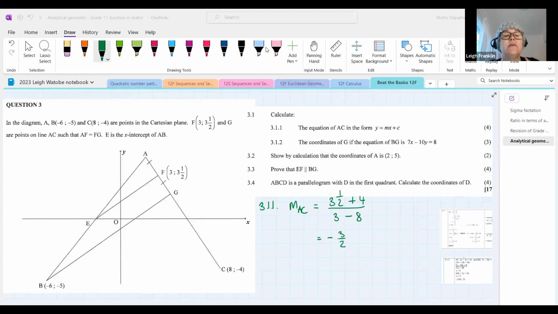Yes, that's it. Okay, so I don't know what happened. Tamia, Mamelo, Gugu, you should have been getting -3/2. And then, yes, Gugu, go for it. You're welcome to speak, Gugu.